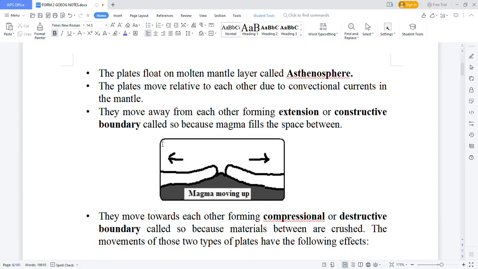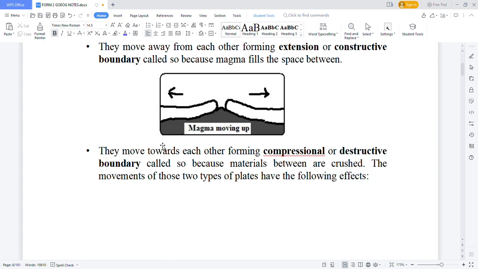They move away from each other, forming an extension or constructive boundary, called so because magma fills the space between. They move towards each other, forming a compressional or destructive boundary, called so because materials between them are crushed.